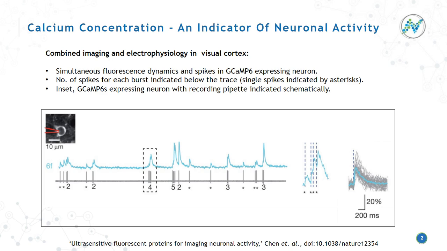The blue line is the fluorescence signal, and the lower line is the signal from the patch clamp. This is great because when you use a tag like GCaMP and do fluorescence imaging, a rise in the fluorescence signal essentially shows you the activity of the neurons.